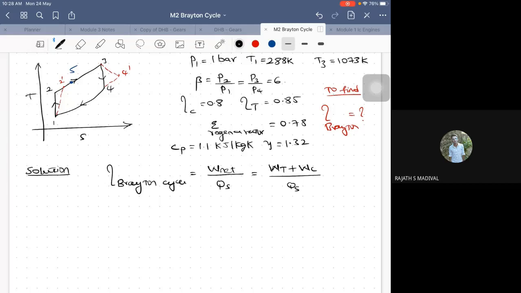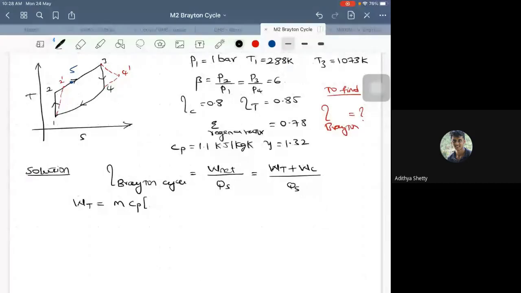Now, let me write all the formulas to have clarity about how we are going to proceed with this problem. So, how to calculate WT now? M Cp into T3 minus T4 dash.